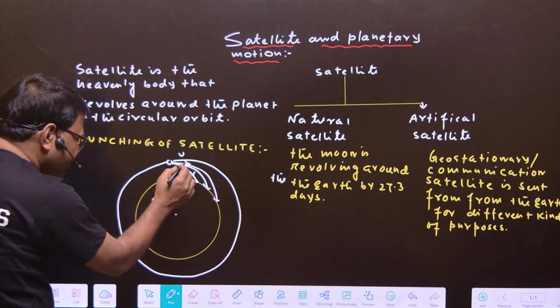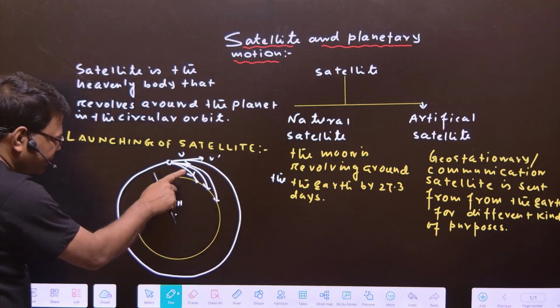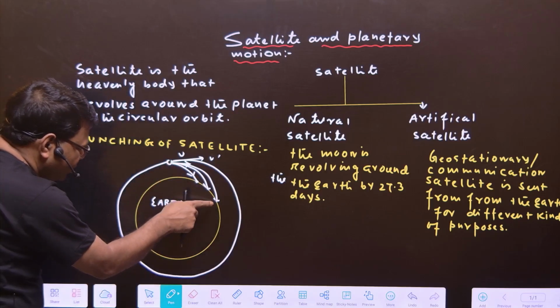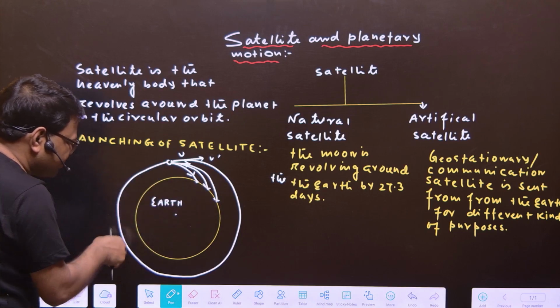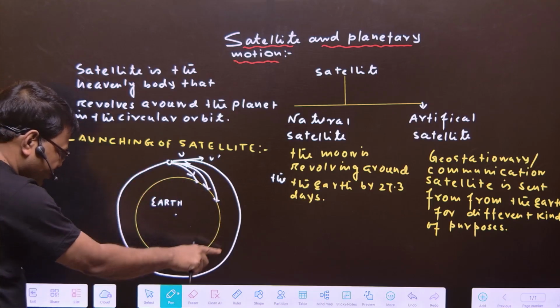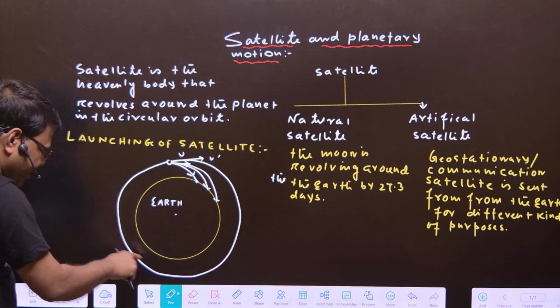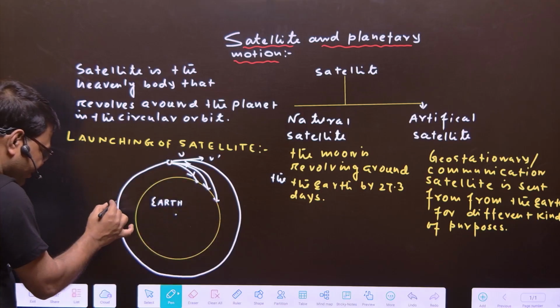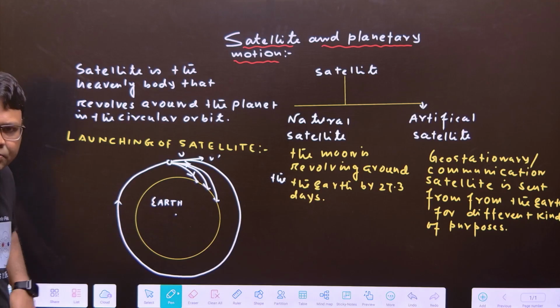At this particular velocity v dash, the object will not fall on the surface of the earth. The satellite will not fall on the surface of the earth. The satellite will take the curvature of the path and revolve like this. Have you understood? This is the process of launching the satellite.